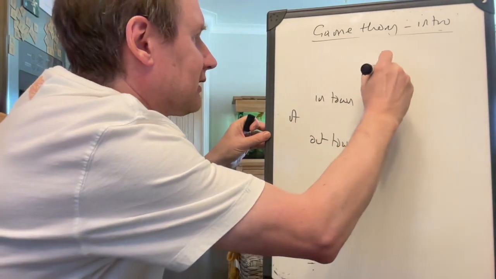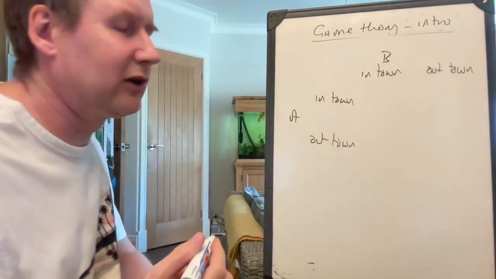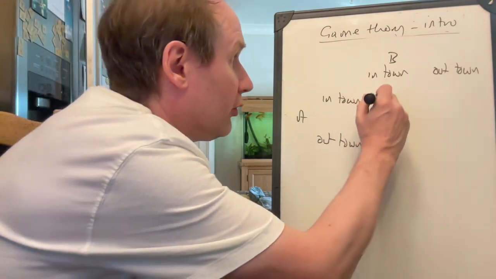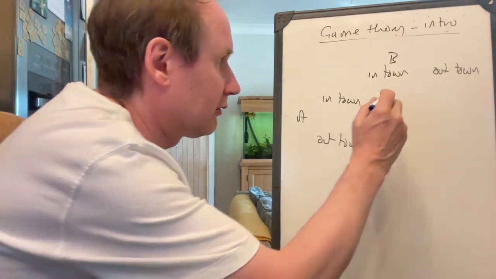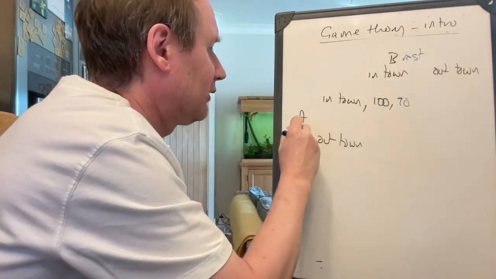B could be in town or out of town when they decide where to locate. And if they're both in town, then they're both going to get a high reward because the bowling alley customers will go to the restaurant. So let's call B the restaurant and A is the bowling alley for the sake of argument.